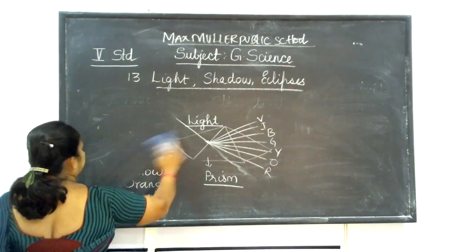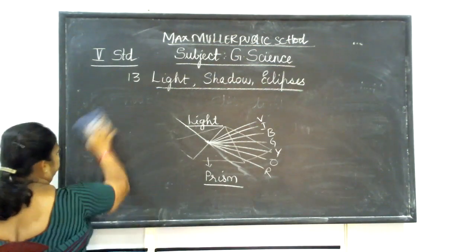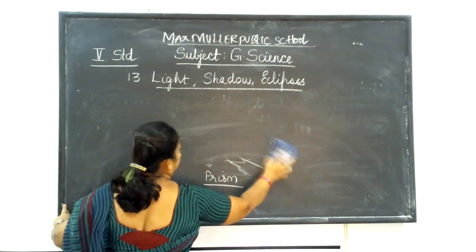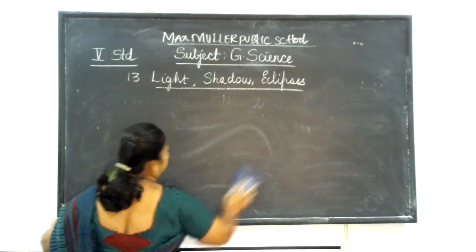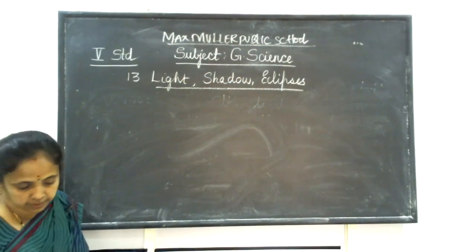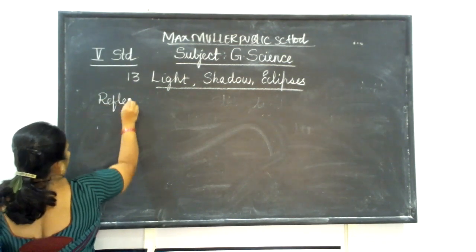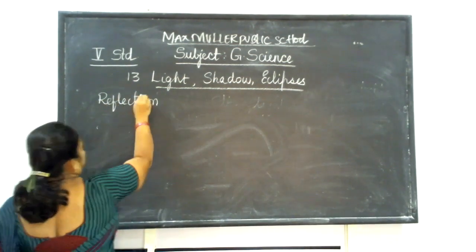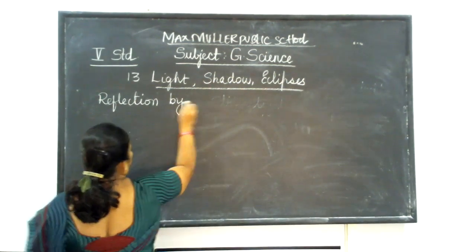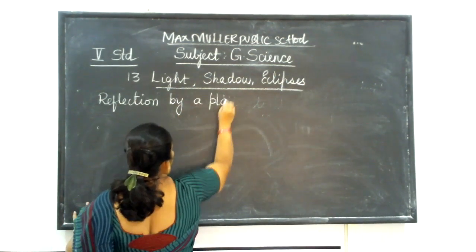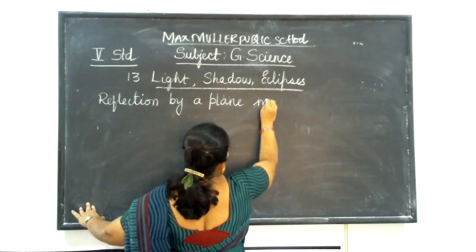Now, as I said, mirrors are good reflectors of light. So we will see how the image is formed by the mirror. Reflection by a plane mirror.